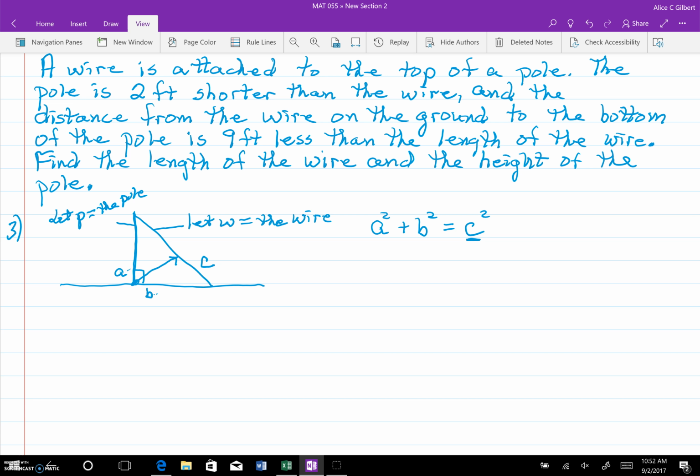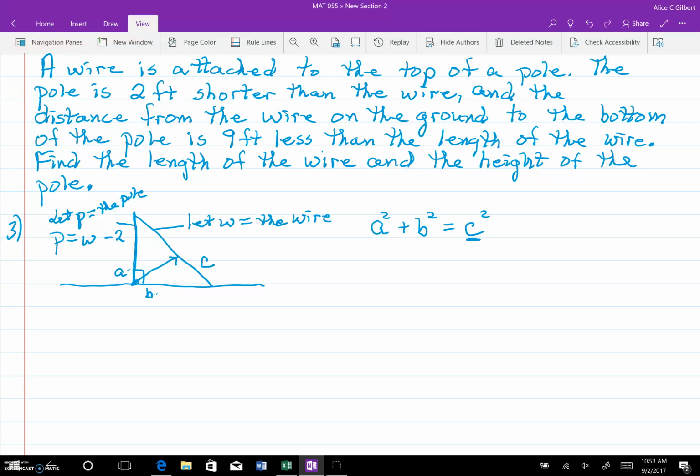Now, the pole is 2 feet shorter. So here is my pole. Pole equals 2 feet shorter, so I'm going to be subtracting 2 than the wire. Oh, so it's W minus 2. That's what my P is.